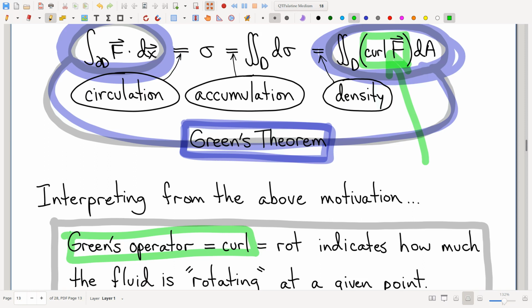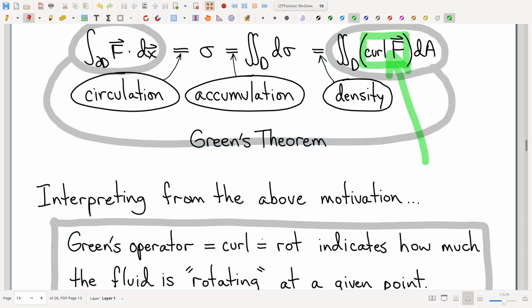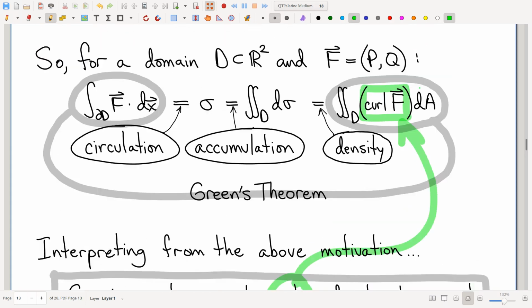And because curl measures in some sense how much the fluid is rotating, rot is actually a pretty natural notation to use there. Okay, so I like that one as well.